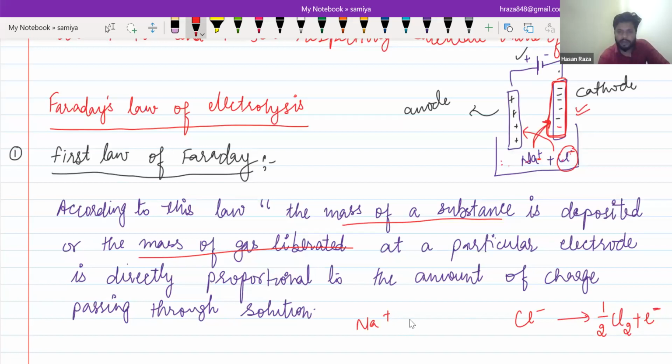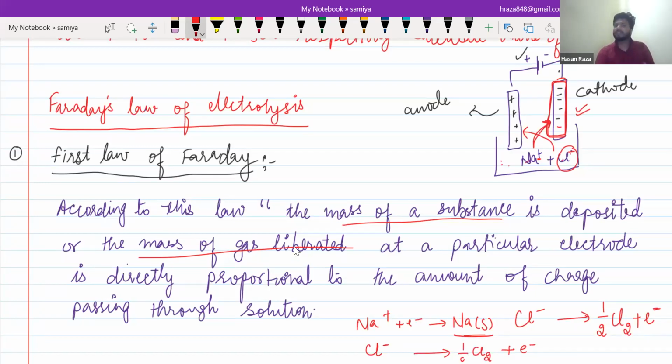So it will gain one electron and be converted into solid Na. So this sodium is deposited on cathode. And Cl minus is already electron rich, negatively charged, and it is going to the anode, which is positively charged. So Cl minus will donate one electron and convert into Cl2, because chlorine exists in diatomic form. And to balance it, I am going to multiply it like this.